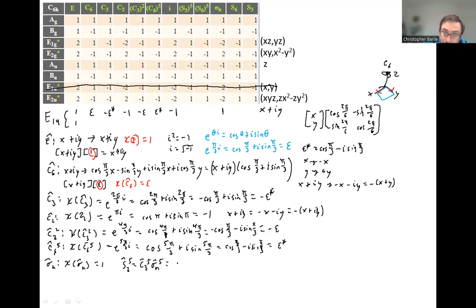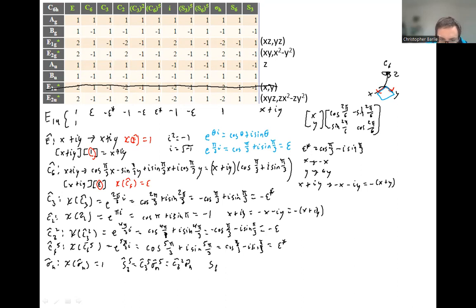But we know a C3 5 times is equal to C3 2 times, right? And followed by sigma h. And so really, since the sigma h doesn't do anything for x and y, we're going to transform the same as the character for C32, which is right here, which is negative epsilon.